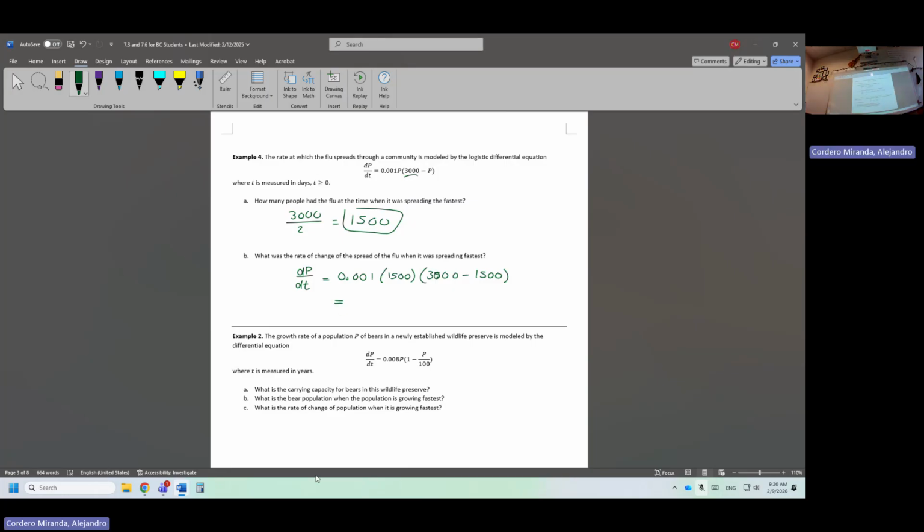Okay, that's the rate of change, but I think I calculated this before. Yeah, I did. And that is 2,250 people per day.